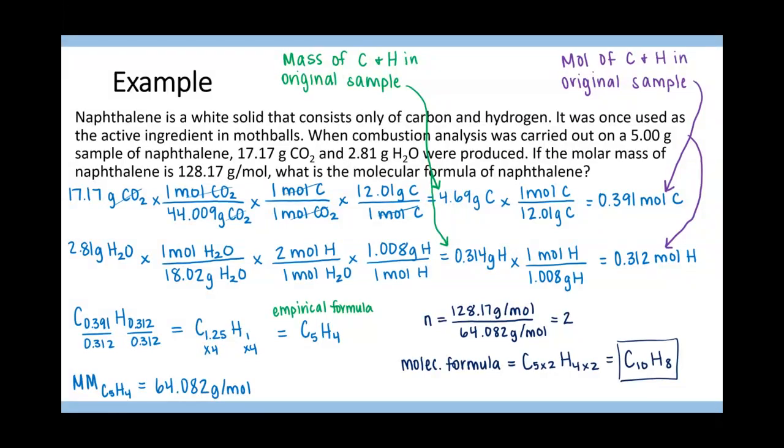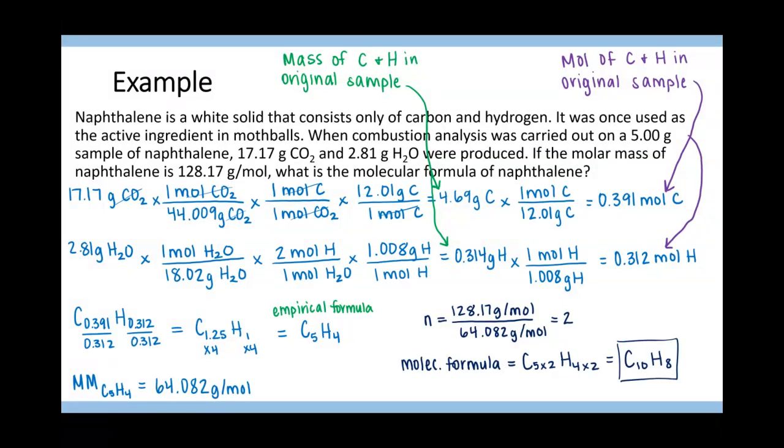So this question essentially combined everything that we've learned in the last few sections into one question. So that's why it's a pretty long question. But just to recap, we use the masses of carbon dioxide and water produced to find the masses of carbon and hydrogen reacted. We convert the masses of each element to moles of each element, and that gives us our molar ratio.